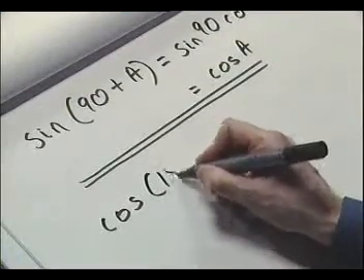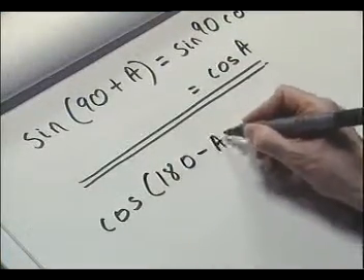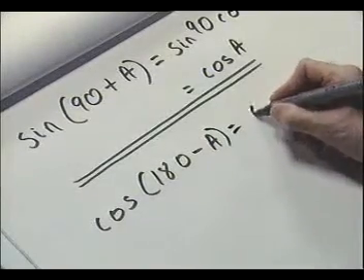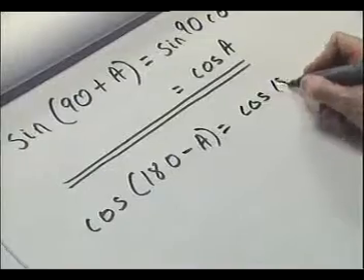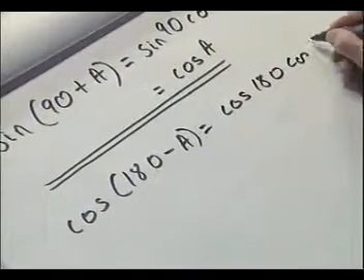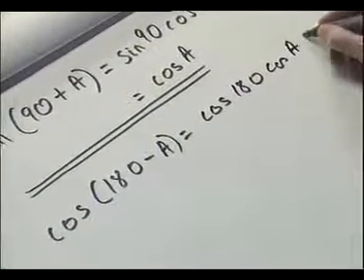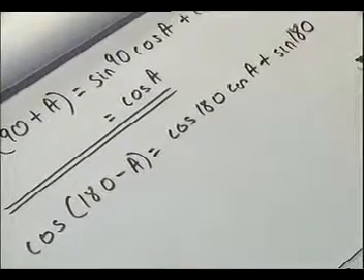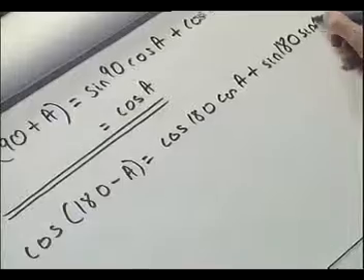What about something like the cosine of 180 minus a? Well, this is cos 180 cos a plus sine 180 sine a.